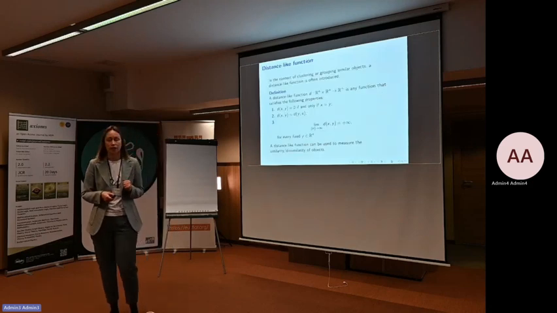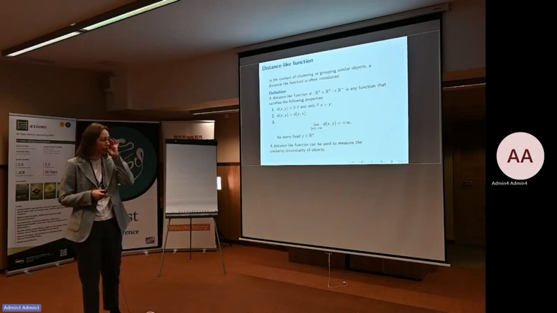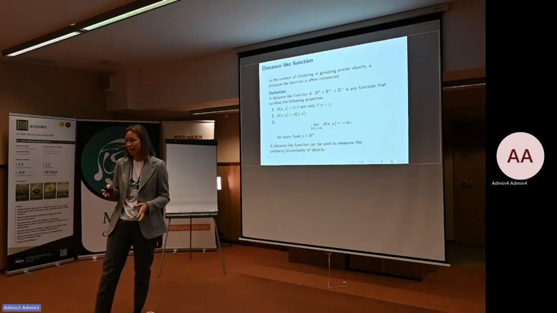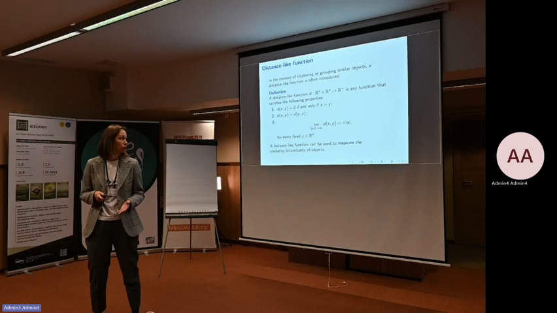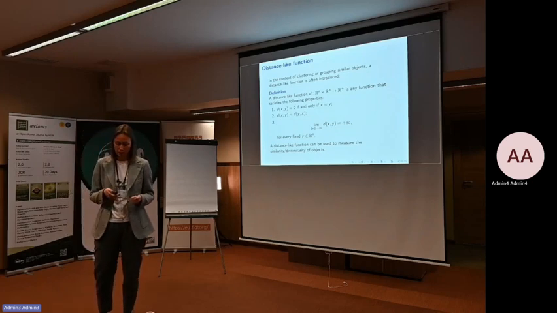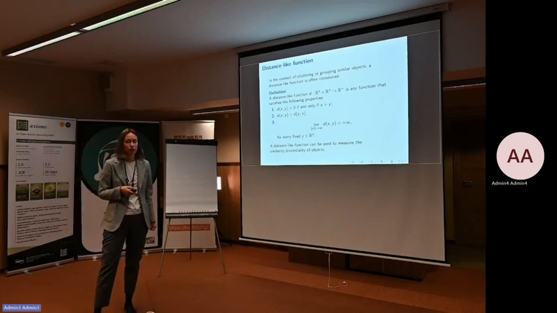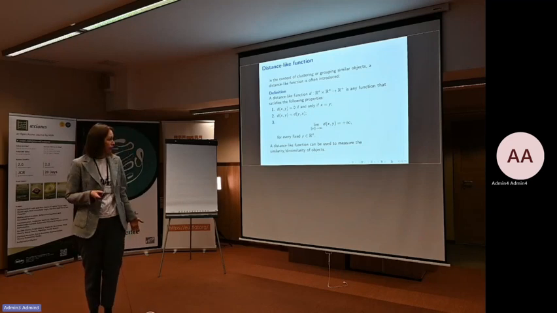So the distance-like function: actually almost all the optimization-based, and not only optimization-based, algorithms are based on the distance-like function. As Irina already said, we do not care about the transitivity of the metric. So we use these two conditions from the metric, the symmetry and the first one, and we do not use the transitivity.